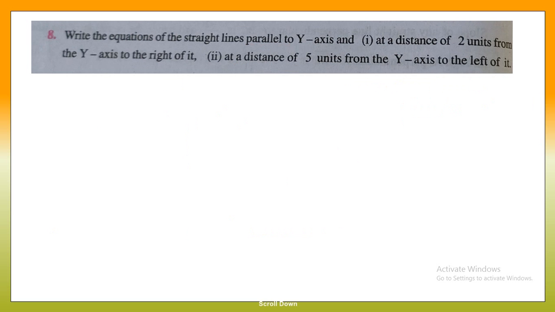Next question. Write the equations of a straight line parallel to the y-axis and at a distance of 2 units from the y-axis to the right. So here I am going to write the equation directly. The equation of a line parallel to the y-axis: whichever axis you are considering, its opposite will come.